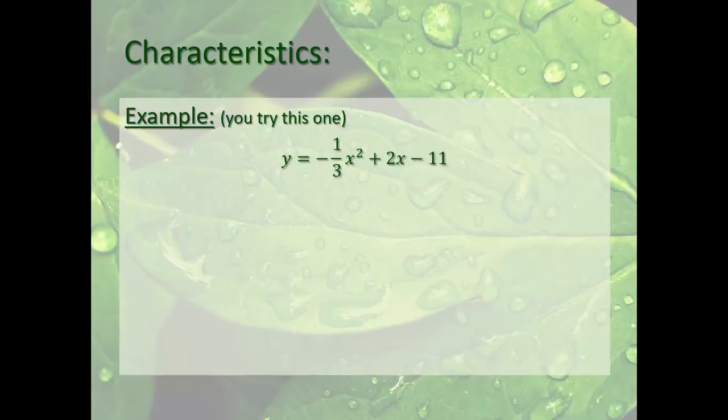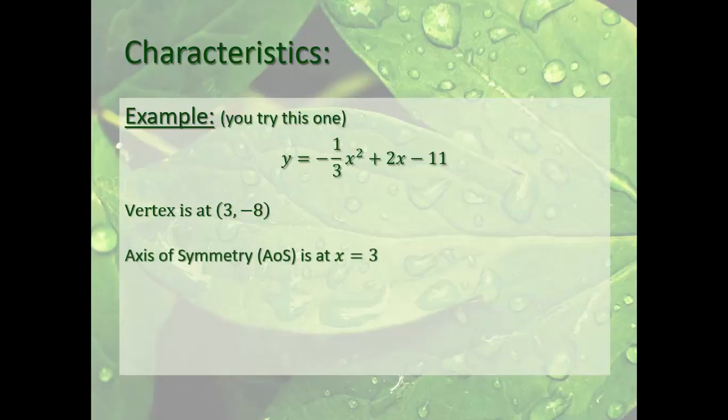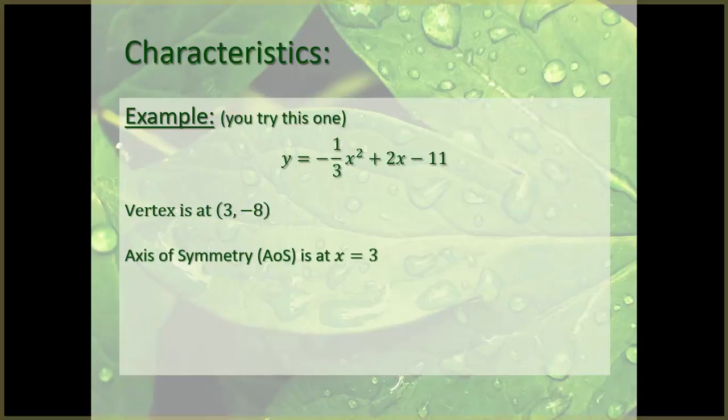Okay, you should have found that the vertex was at (3, negative 8), and the axis of symmetry would have been at x equals 3. Our negative b over 2a would have been negative 2 over negative 2/3.